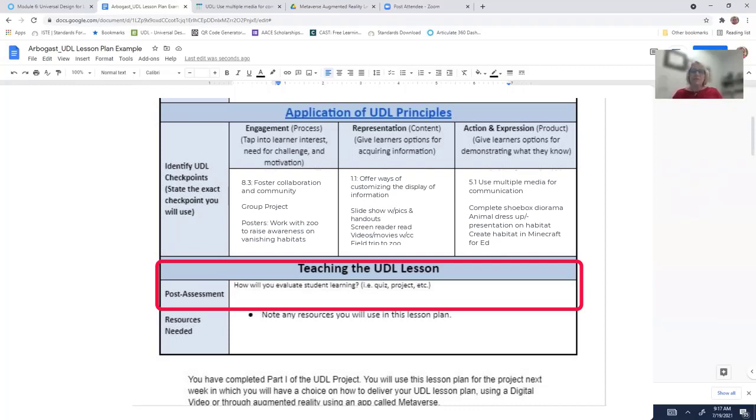So this doesn't have to be anything that's up here. It could be a quiz. It could be one of the projects that you're doing. And that, again, would be something that ensures you've met all the learning objectives.